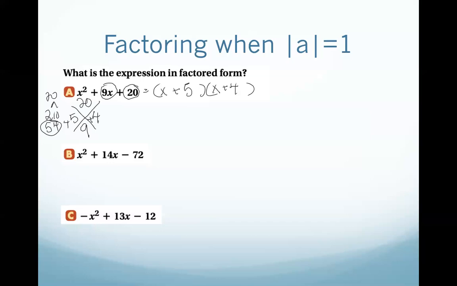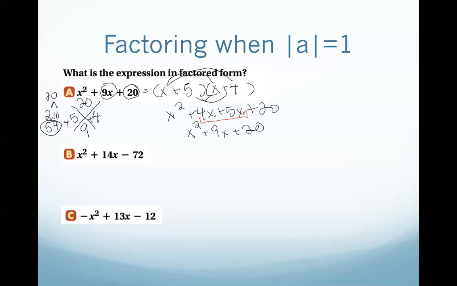So let's try this. Remember, we said we can check it by distributing. So we have x squared plus 4x plus 5x plus 20. That gives us x squared plus 9x plus 20. Now I want to show you two specific parts of this process.